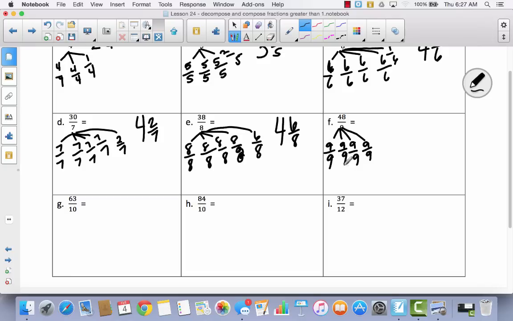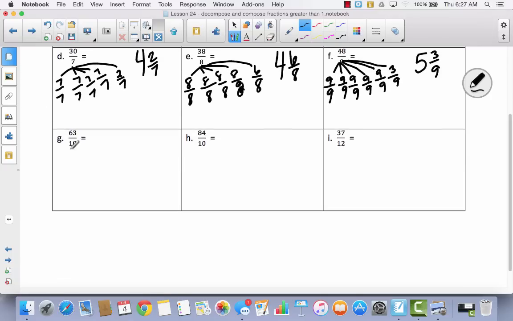So 9 times 4 is 36. 9 times 5 is 45, and then I would have 3 left over, which would be 3 ninths. So I'd have 1, 2, 3, 4, 5, and 3 ninths.